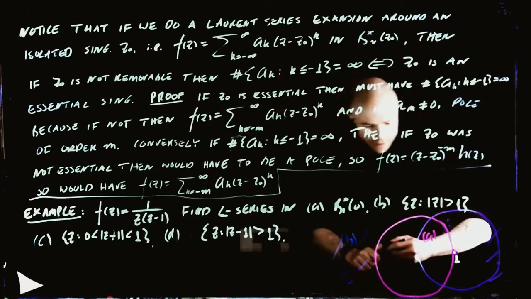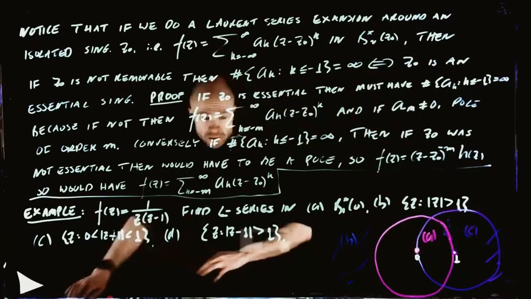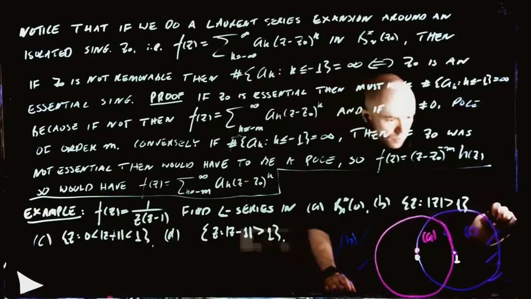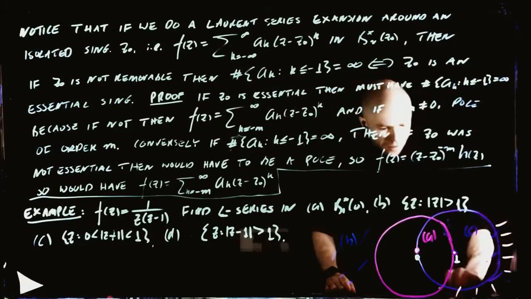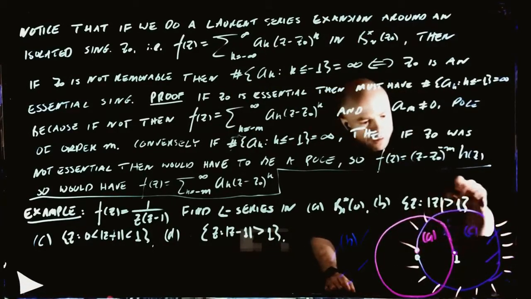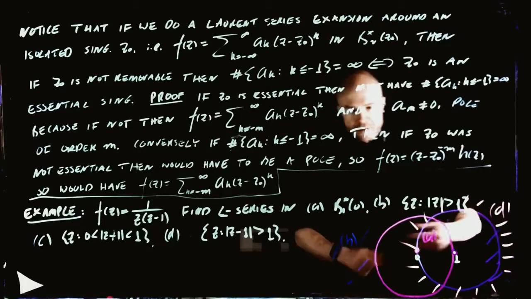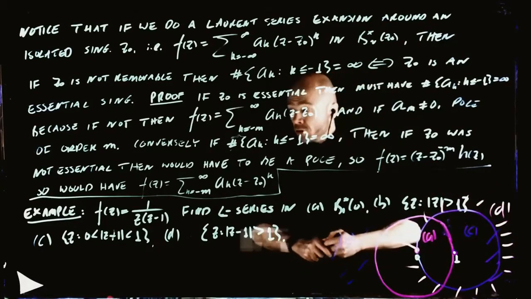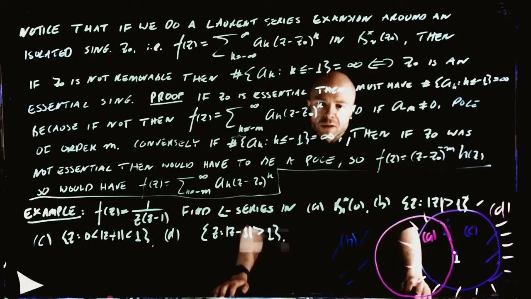So that's everything outside here. D is everything outside here. And again, it's an annulus where the thing is holomorphic, right? So we have these 4 different annuli here where we're going to calculate the Laurent series of the same function.